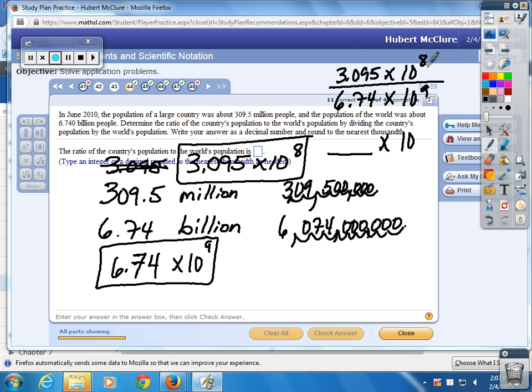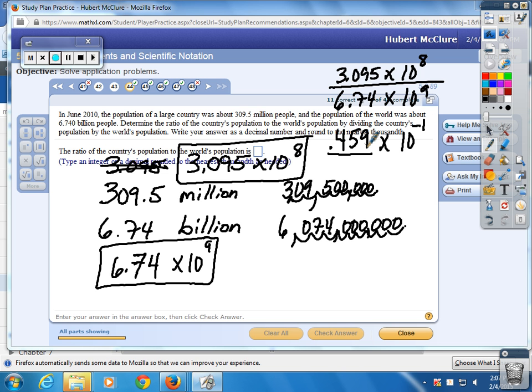What's 8 minus 9? -1. Somebody take 3.095 and divide by 6.74 and give me 3 digits. Point something. What is it? 0.459.